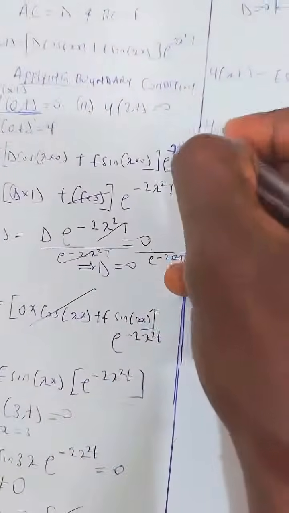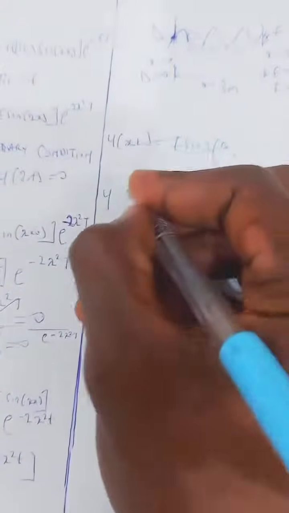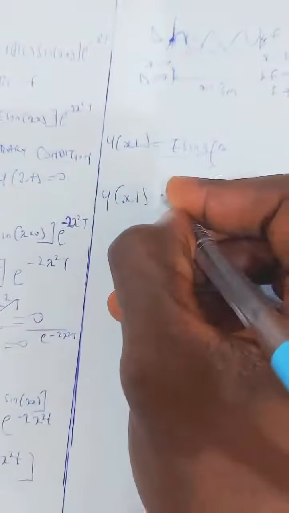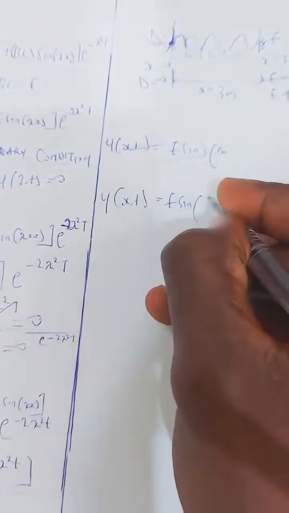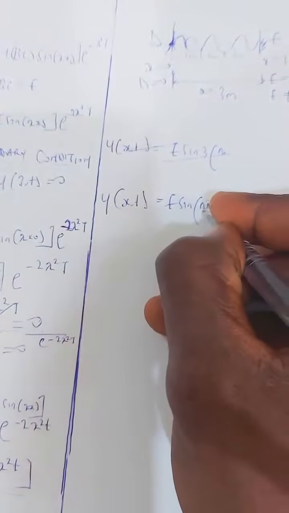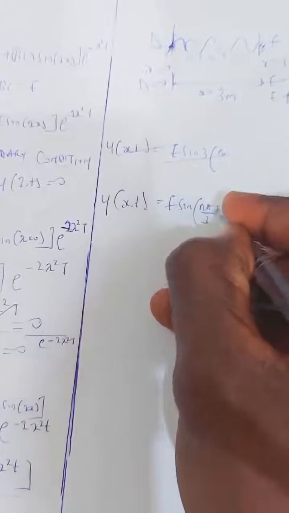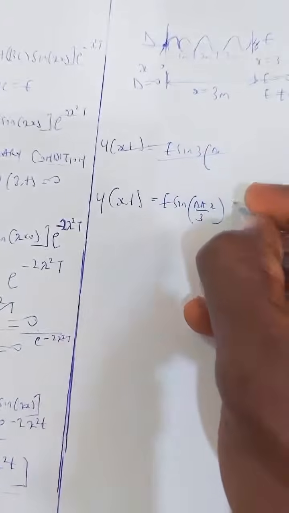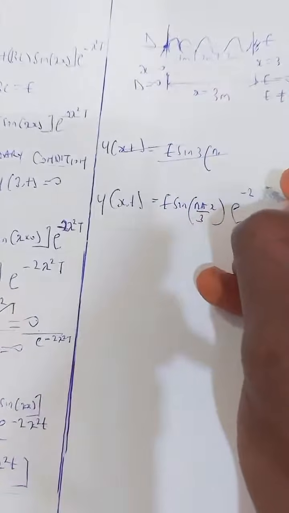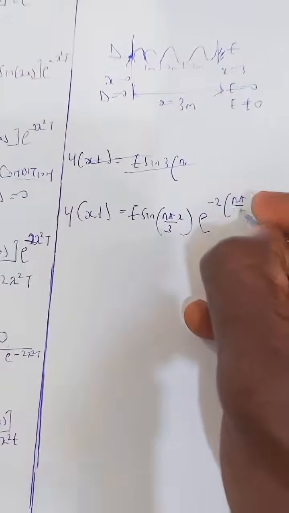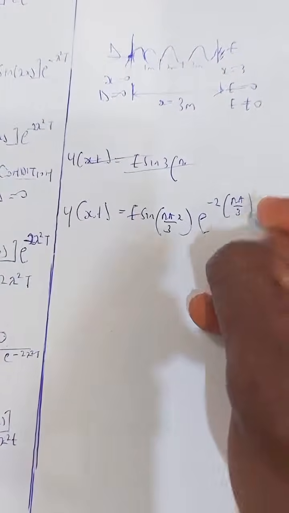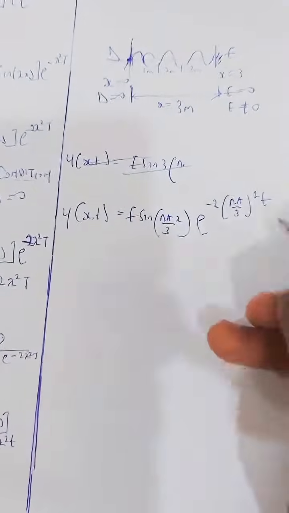So I have u as a function of x and t equal to E sin(nπ/3 multiplied by x), exponential of negative 2 times (nπ/3) all squared, multiplying t.